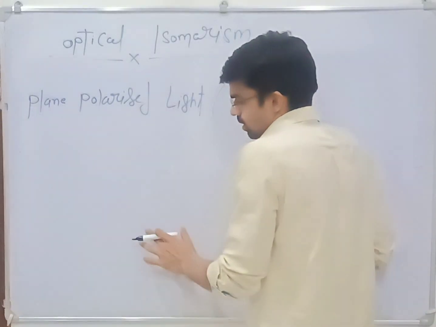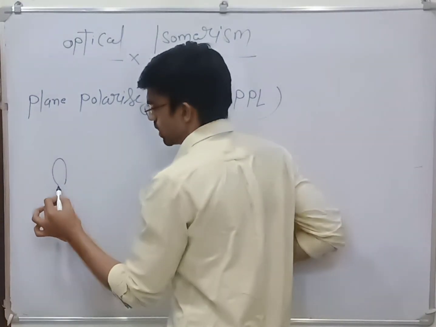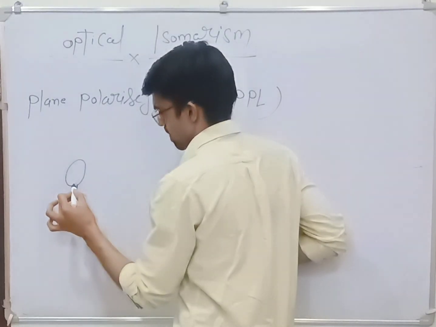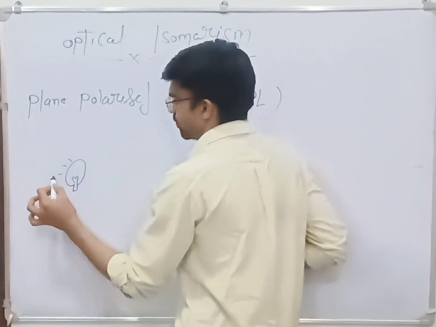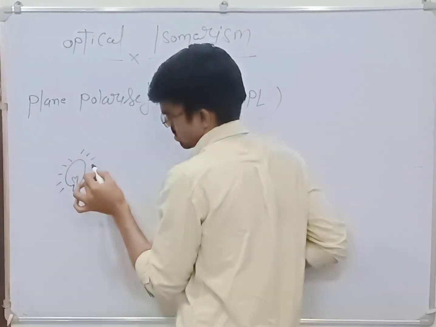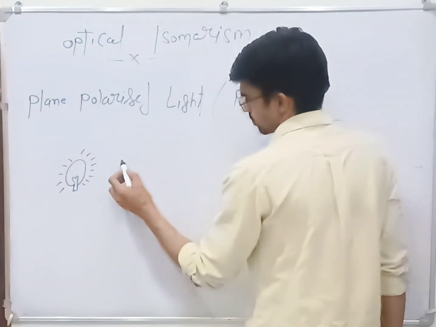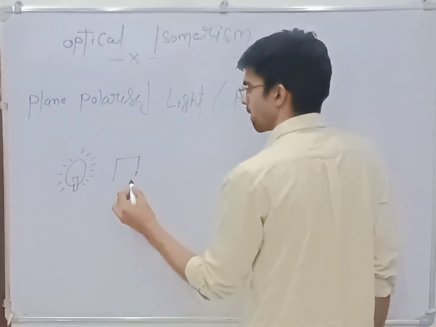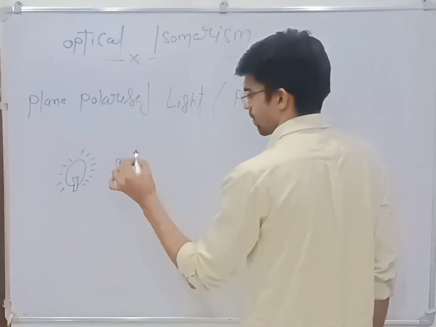What happens when normal light propagates? Like you have a source of light, that is a bulb. When we light the source of light, the light will propagate in all directions.